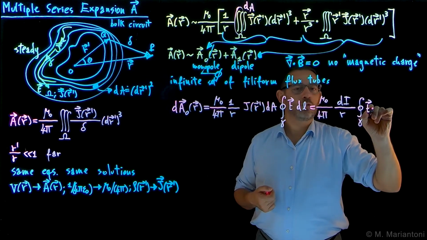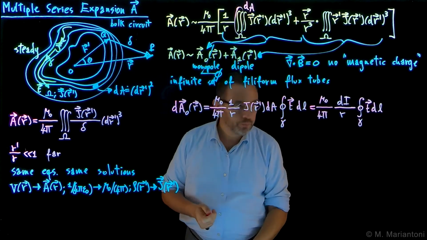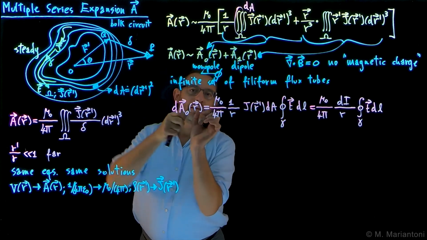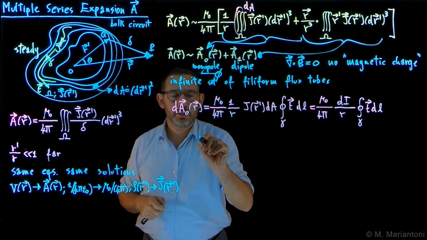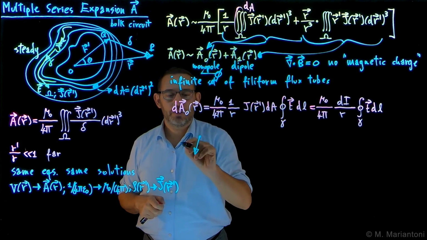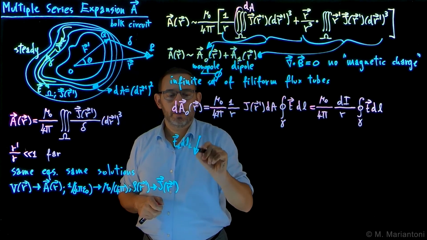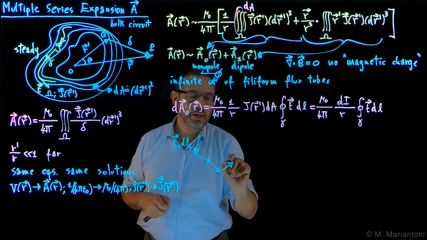Well, let's look at this in the following way. This is basically a polygon, okay? It's a polygon with infinitesimal elements dl. Let's look at a simple polygon. For example, I start from this point, then I have this vector here, which is t1 dl1, then another one, and so on and so forth.